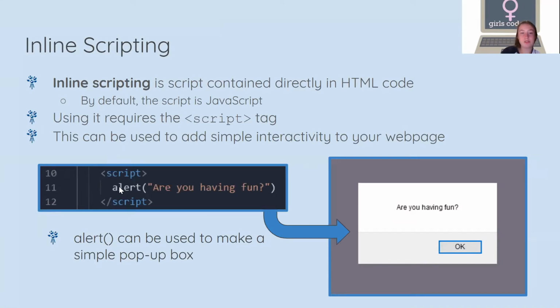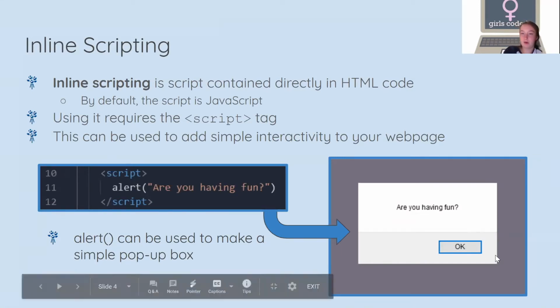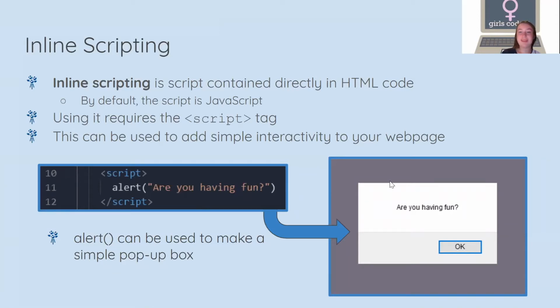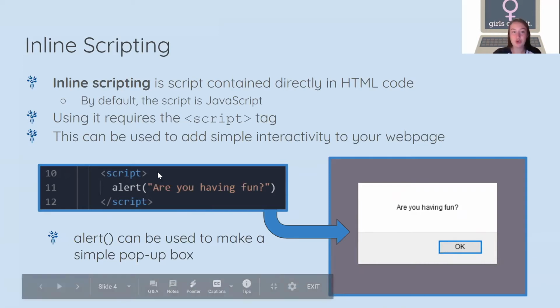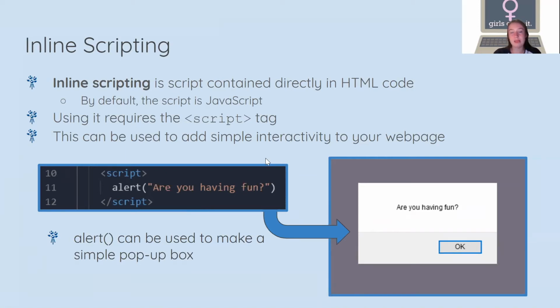This one shows an alert, which pops up like a little web page. But that's what this is for. This is not for making your website do all of its JavaScript functions. This is for very, very little details. And I want to emphasize that, because if you use this script tag and paste your entire JavaScript file, or at least the contents of it, into there, it just won't work the way you want it to.